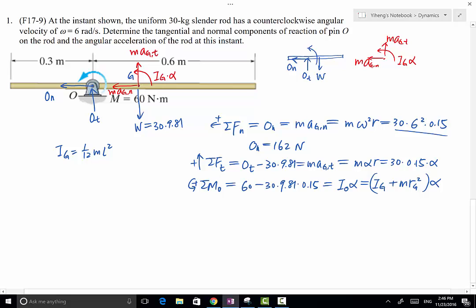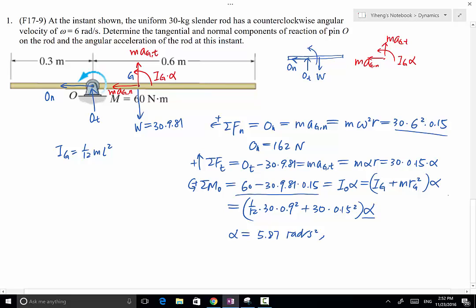So we will have 1/12 times 30 times the total length, 0.9 squared, plus m r_G squared, that is the parallel axis theorem part, so 30 times 0.15 squared, times alpha. As you can see, on the left hand side we can evaluate this. On the right hand side we only have one unknown, which is alpha. So from here we can solve for alpha, and alpha equals 5.87 radian per second squared.